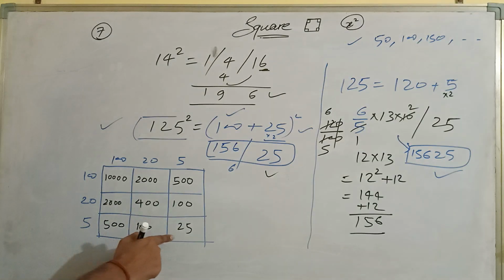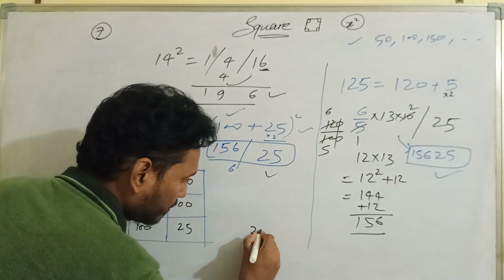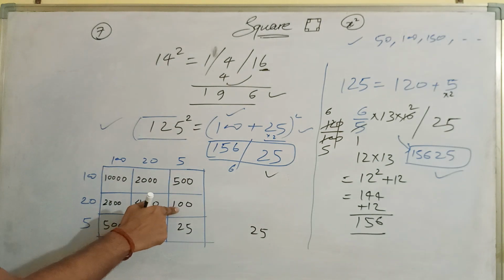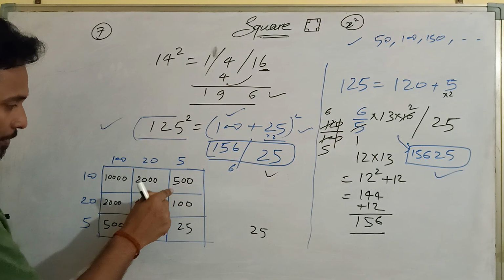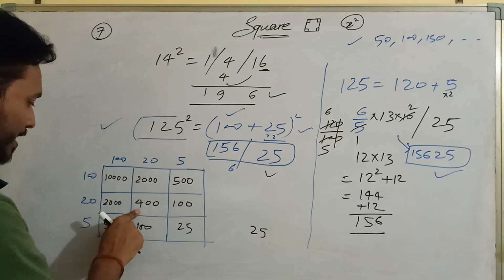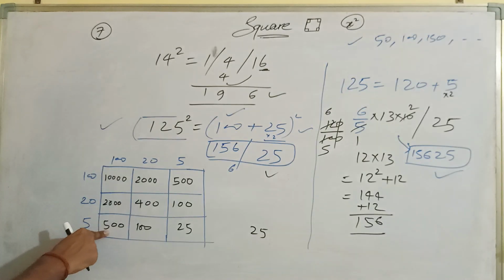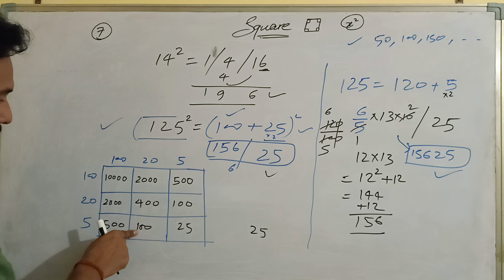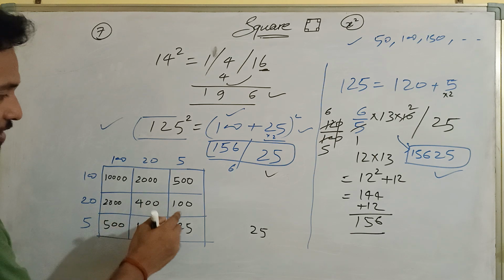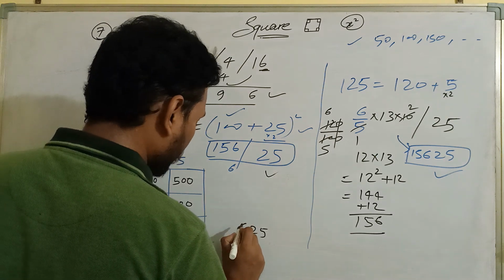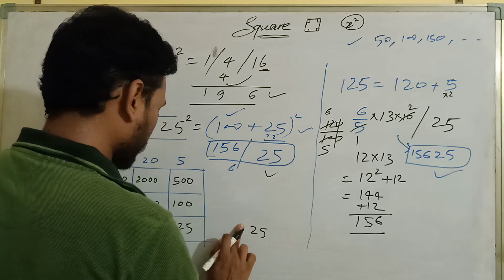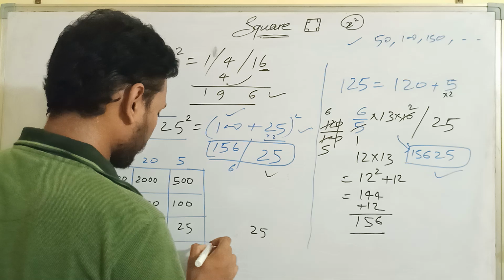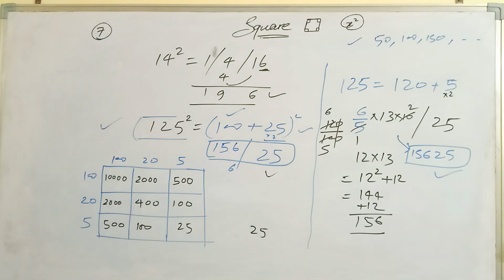How? Here is 25. Now we should add the three digits: 5, 4, 9, 9, 5, 9, 5, 14, 1, 15, 1, 16, 16, 100.